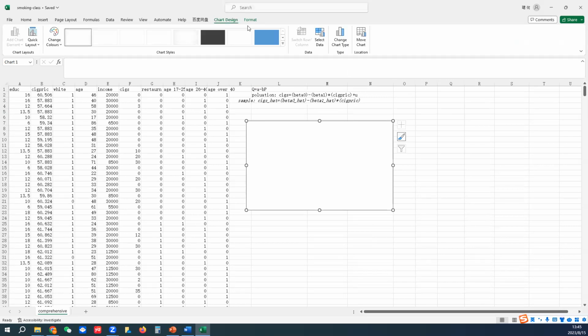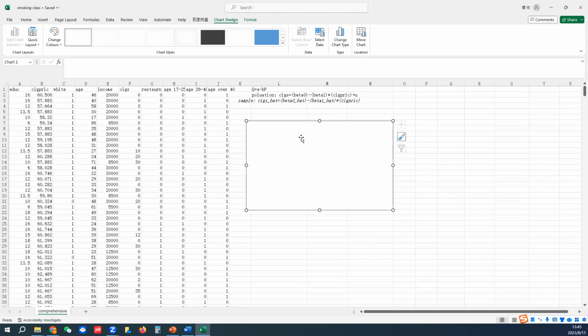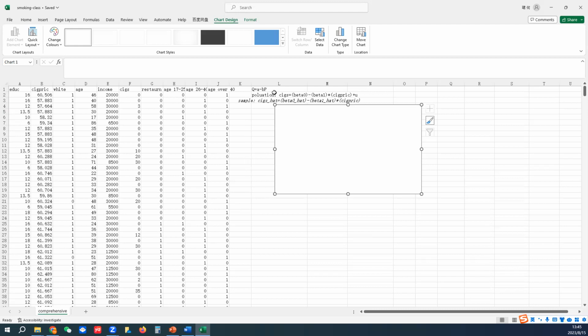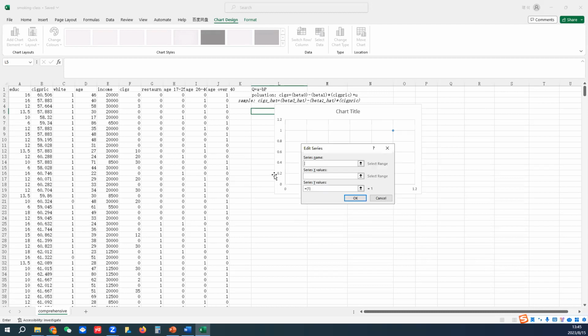So let's go to chart design, and here pretty similar to what we did in the line insertion, we're also going to select data, add a series, and here we have the series name. Let's say quantity of cigarettes.